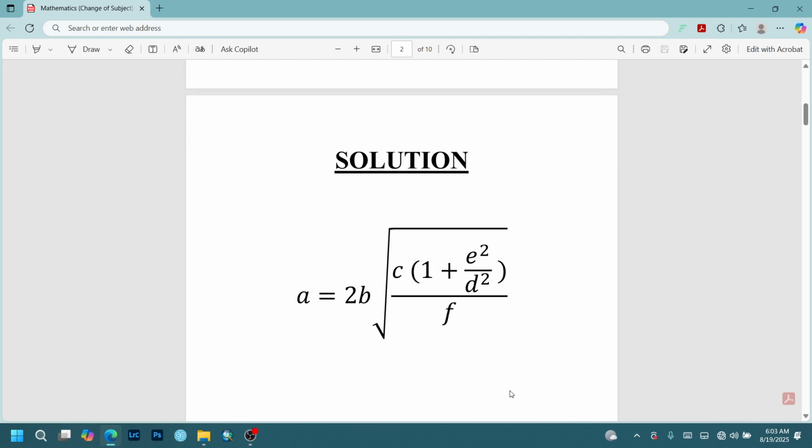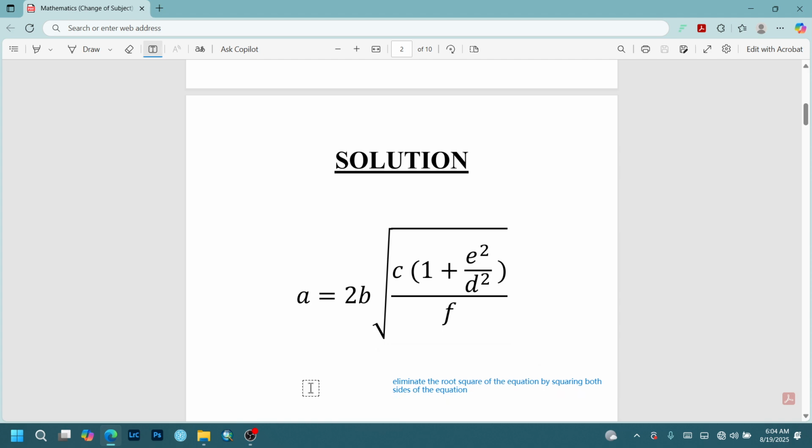So here what you have to do first is to eliminate the root square of the equation by squaring both sides of the equation, right?